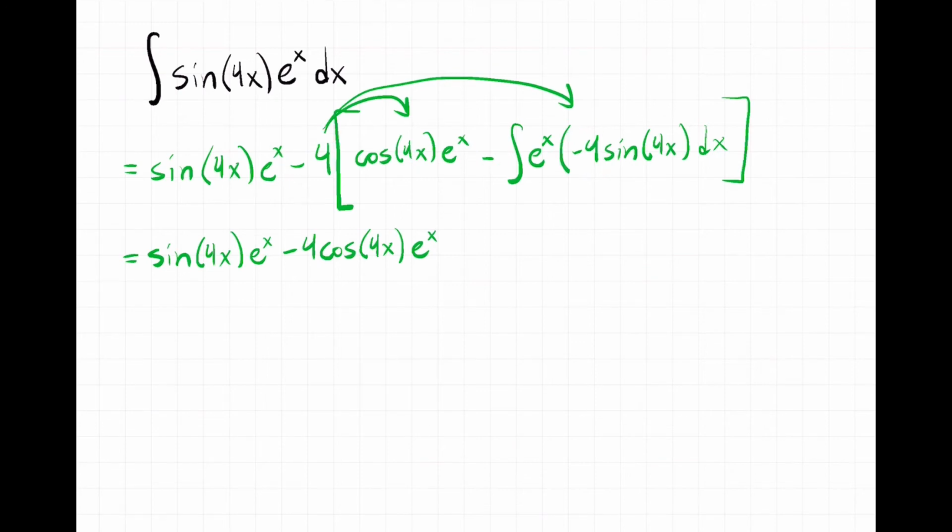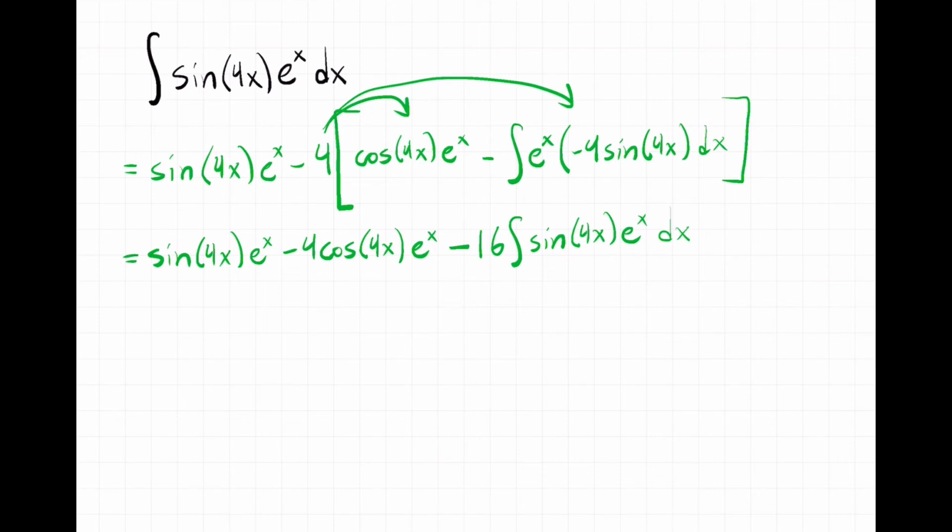That's 3 negatives being multiplied. That's a negative. And we have a 4 times 4, that's 16, times the integral of sine of 4x e to the x dx. I just swapped the order of that sine and that exponential function because we've been putting our trig functions before our e to the x's all the way through. So I swapped the order, that's all.